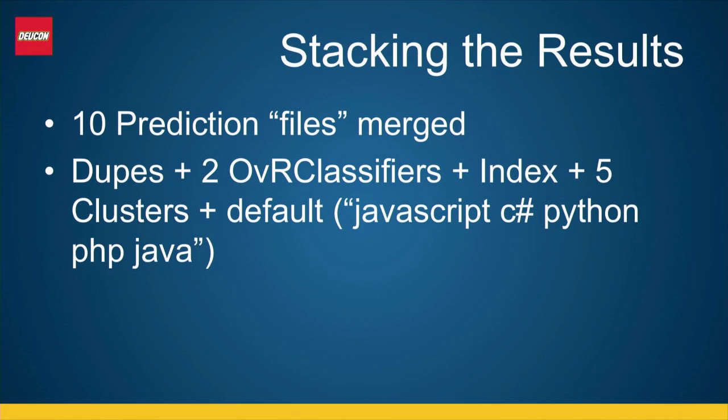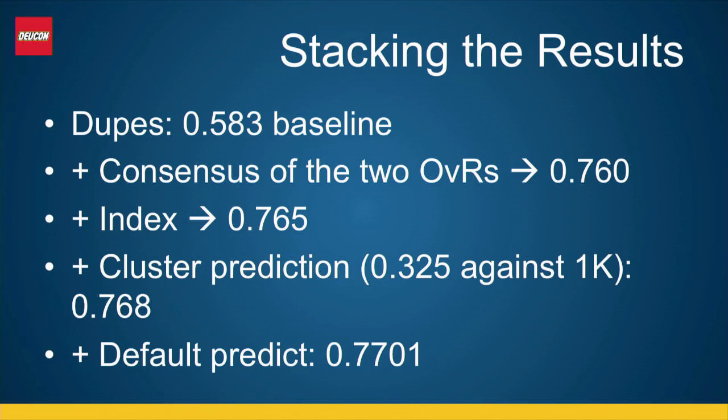Not really a big gain there. And then the default, so the 5 most common tags are JavaScript, C#, Python, PHP, Java. If you couldn't find anything else, just throw it at the wall and see if there's a chance you're going to be right.